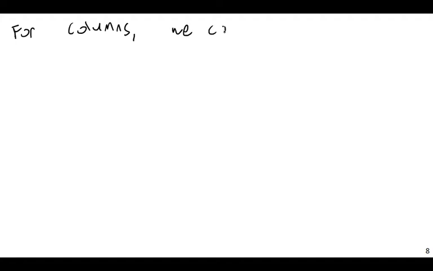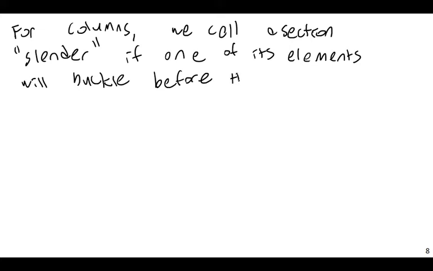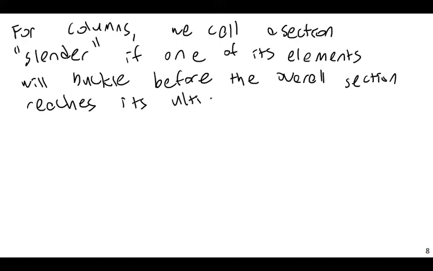We call a section slender if one of the elements will buckle before the overall section reaches its ultimate strength, its ultimate yielding or buckling capacity.